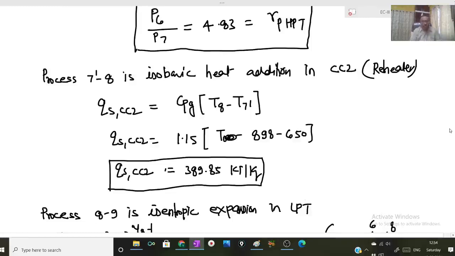The value of heat supplied in the combustion chamber 2 I have wrongly calculated. This is actually 285.2 kilojoule per kg. Please correct it.